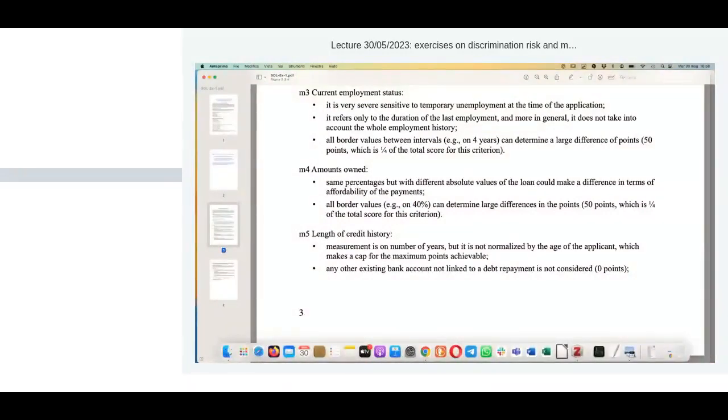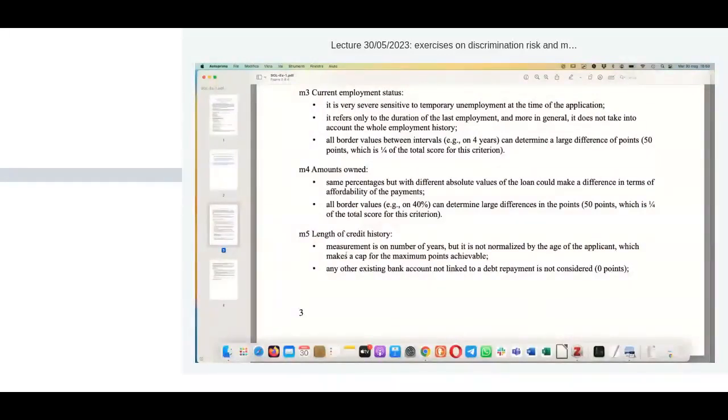Length of credit history is not normalized by age. And so you just have a flat indicator that has a natural cap, because if you are young, you have a kind of cap.